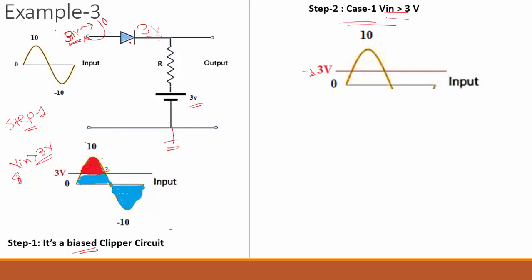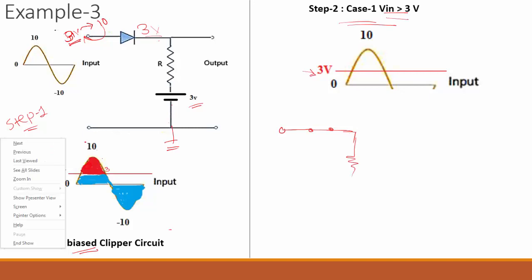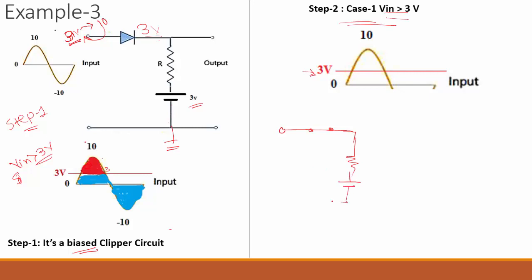The diode will be in forward bias. If I draw the equivalent circuit, let's suppose this one: the diode, and I am considering the practical diode, so 0.7, a resistor, a 3 volt battery, and a resistance, and this is also a circuit. From here I am applying V in, and from here I am taking my output.